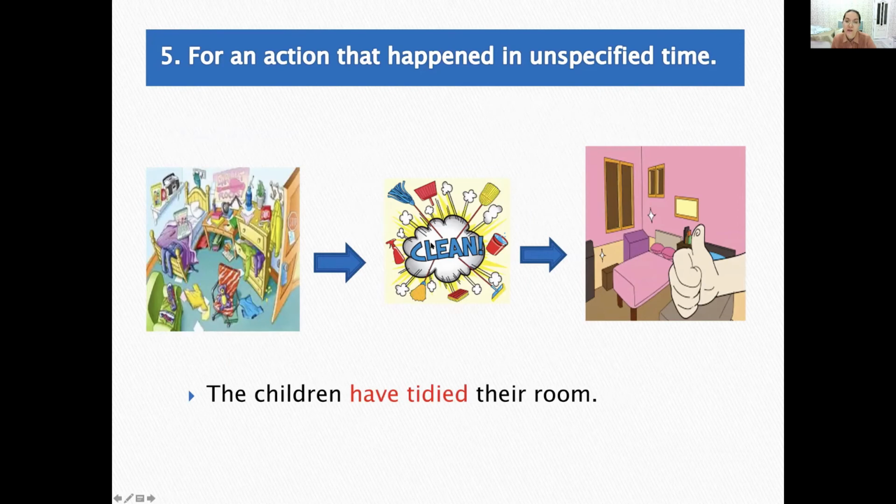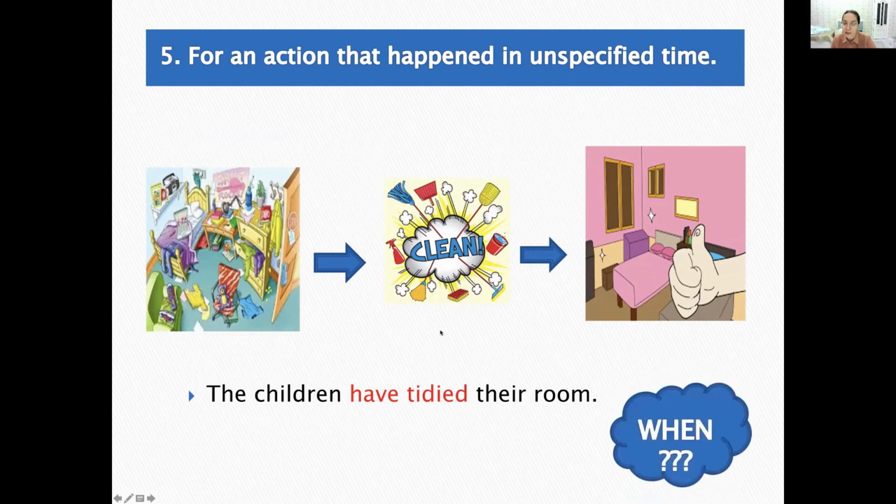They cleaned and they have tidied their room. So in the present now, they have tidied their room. But we don't know when it happened. When did they tidy the room? It's not important. What's important is that the children have tidied their room.